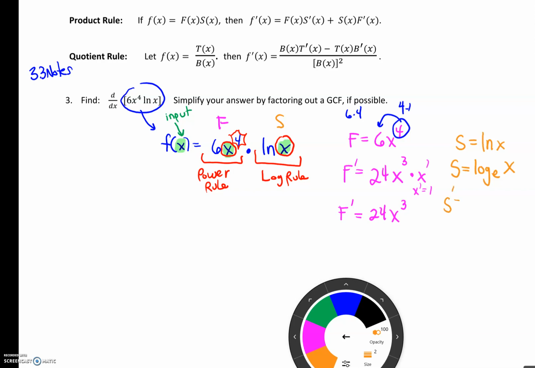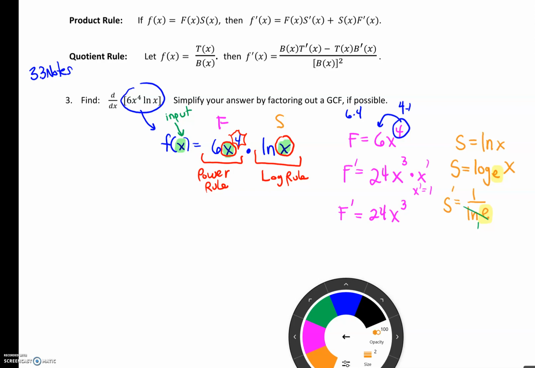So my generic rule says I start by doing 1 over natural log of the base, and of course here my base is e, so I'm going to do 1 over natural log of e. Now that's what makes this a special case, right? Because the natural log of e is just 1, so I end up with 1 over 1, which is just 1.